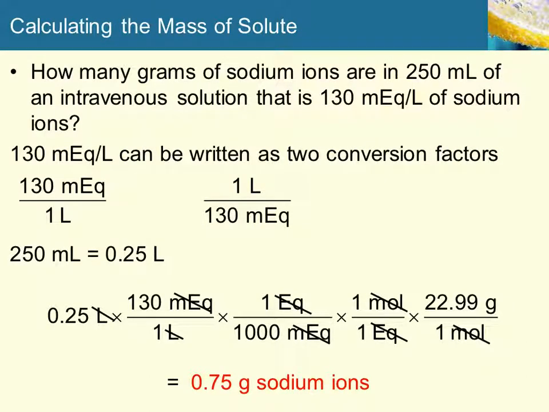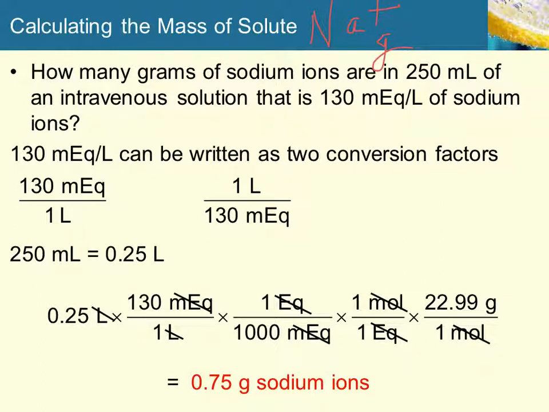Here's another example. How many grams of sodium ions are in 250 mils of an intravenous solution that is 130 milliequivalents per liter of sodium ions? So I'm looking for grams of sodium. So that's going to be Na plus grams. That's what I want to find.